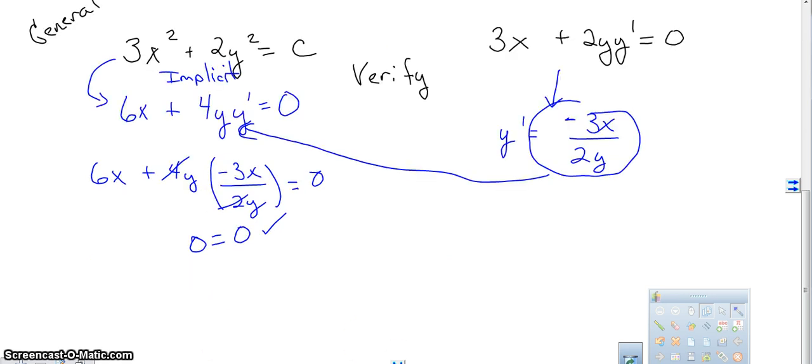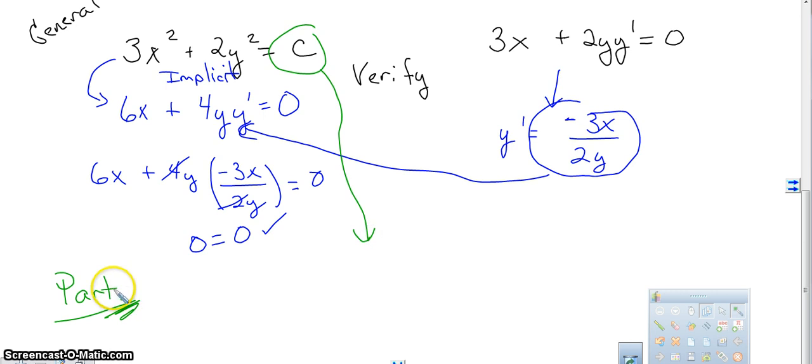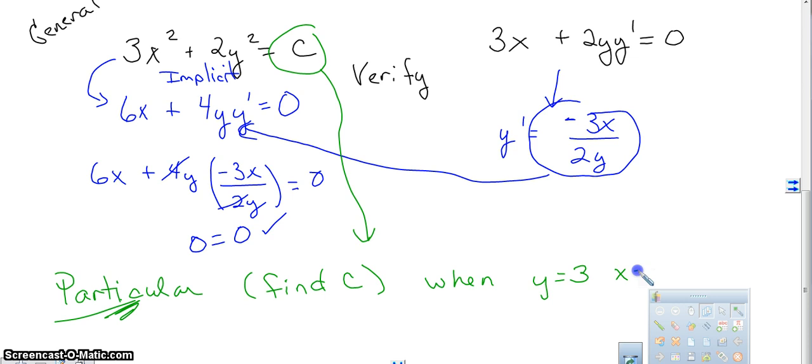Now we're going to find the particular solution. The particular solution basically means find what c equals. If they ask you for the particular solution, they want you to find C, which means they'll have to tell you at what point. So we're going to find C when y equals 3 and x equals 1.